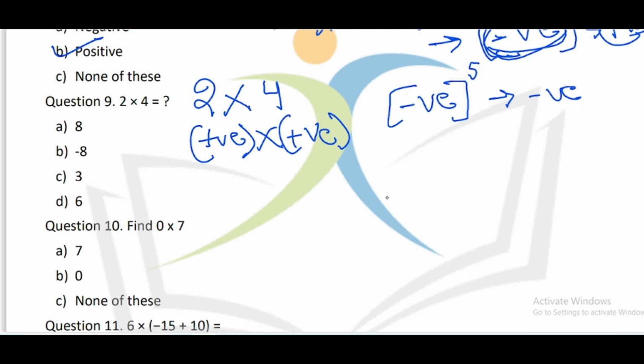When the same signs are multiplied, the result is always positive. It means the symbol is positive and 2 into 4 is 8. And the right answer is part A.